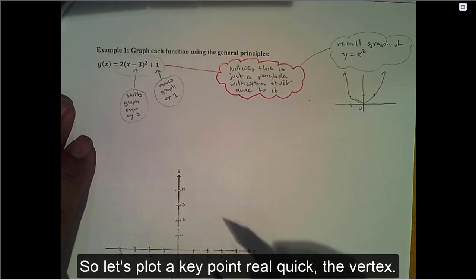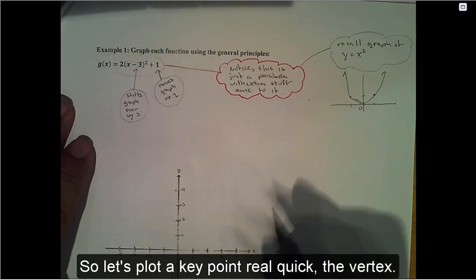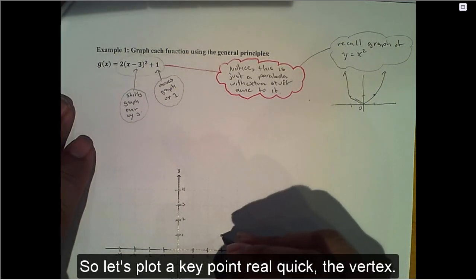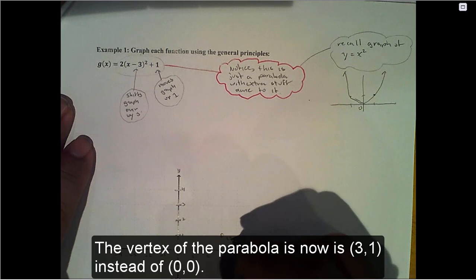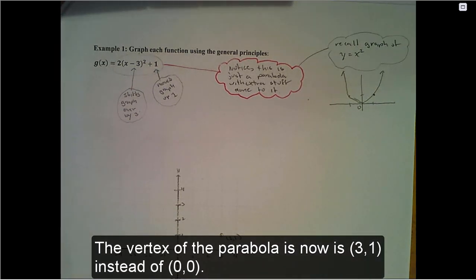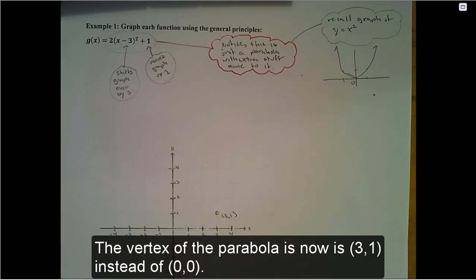So let's plot a key point real quick, the vertex. The vertex of the parabola is now 3, 1 instead of 0, 0.